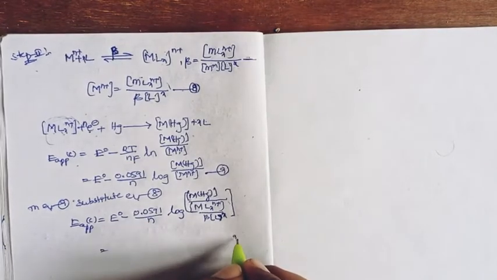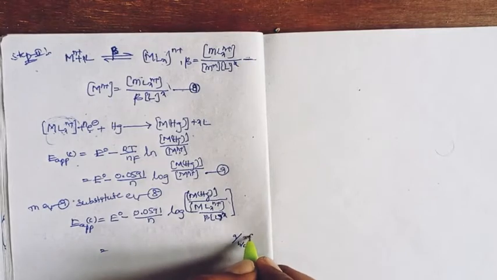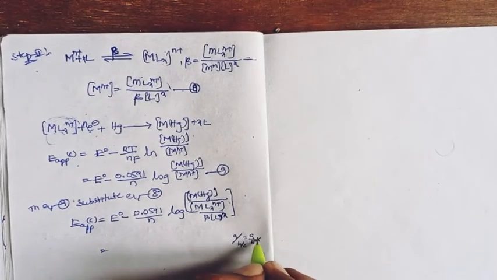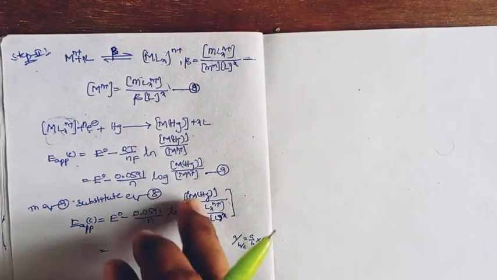We know that A by B by C is equal to A by B into C. That's how the equation is converted here.